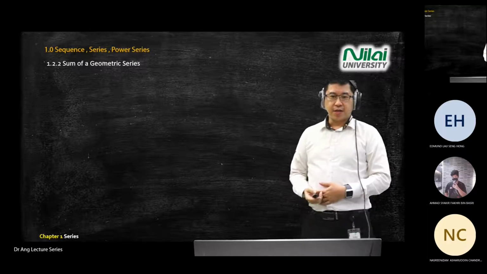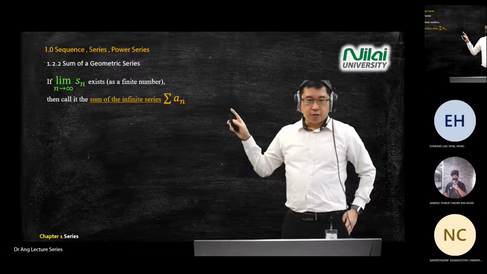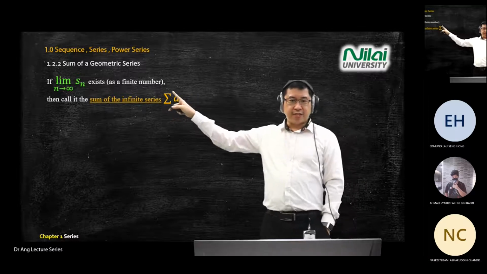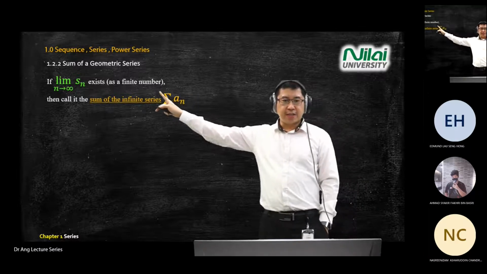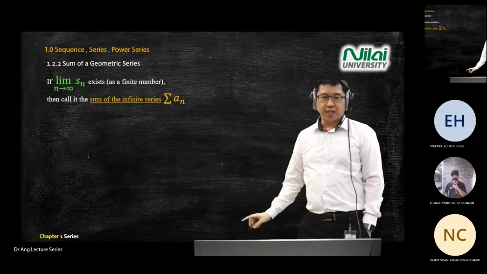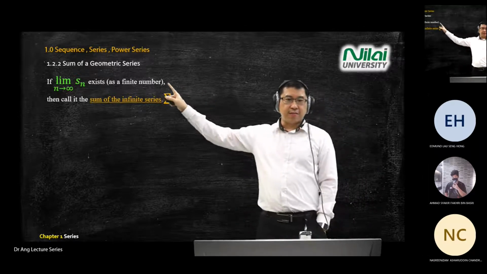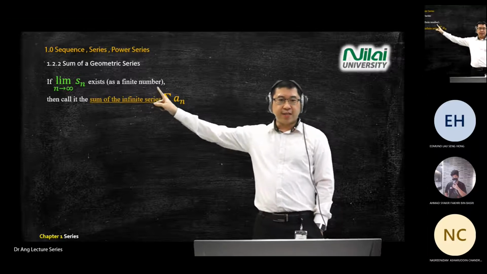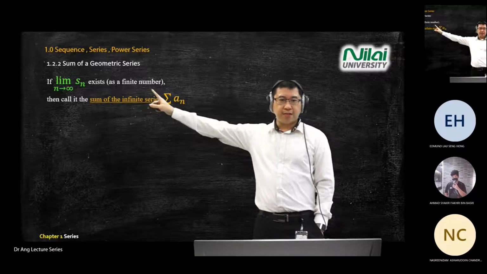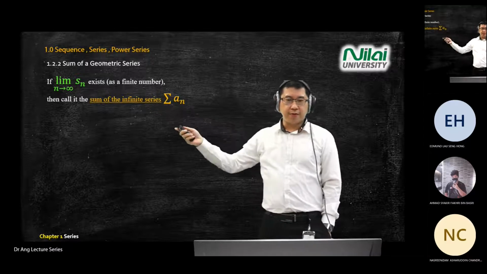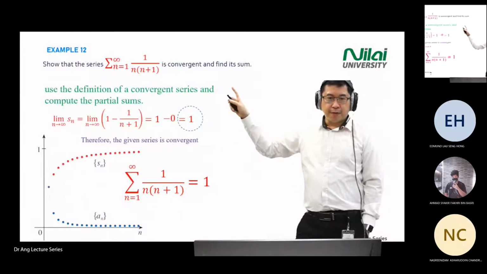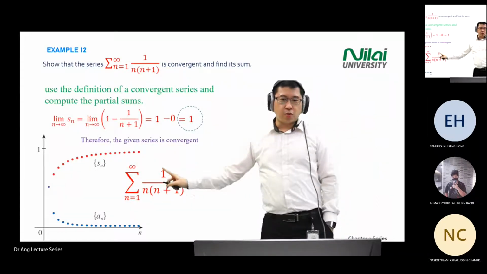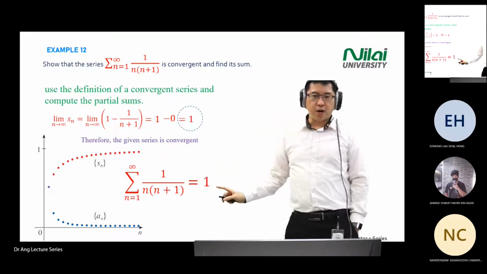We have done defining the series Sn with the limit to infinity. If the series ends at one number, for example, example 12, you know that if you count from 1 to infinity, you arrive at 1.